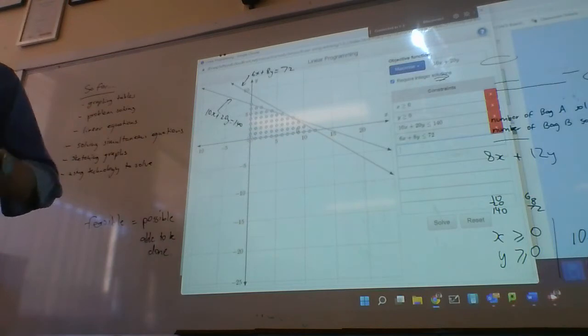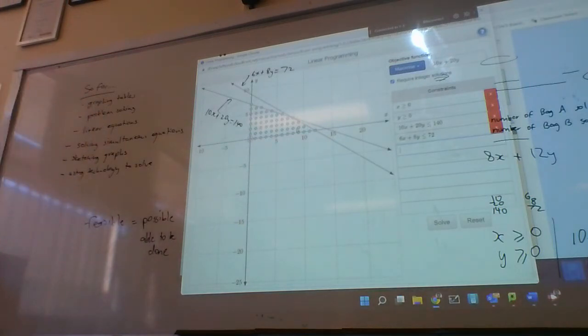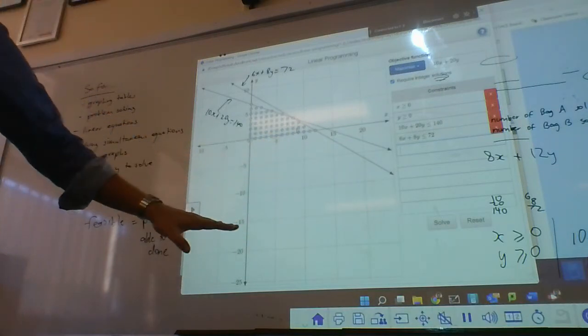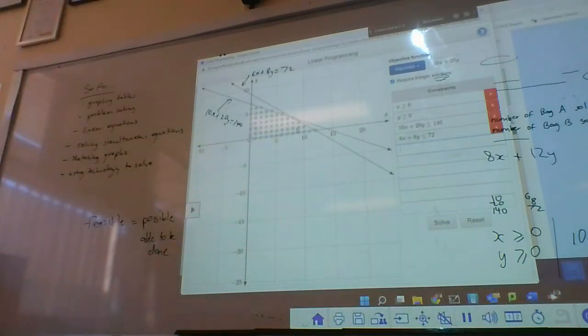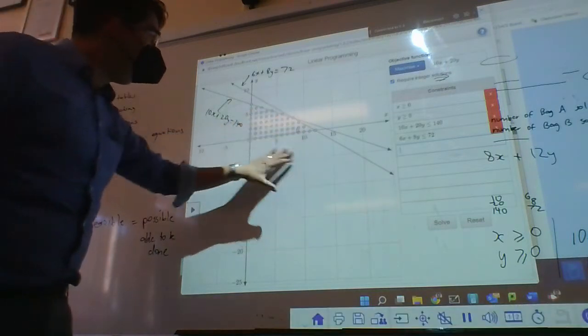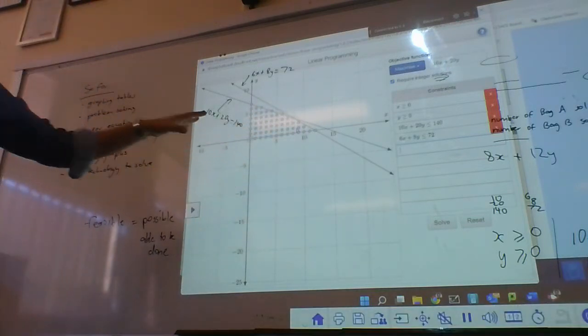That's what feasible means. So this feasible region is all the possible combinations of bags that you can sell. This is all of the different combinations, which is a fair few there, isn't there?